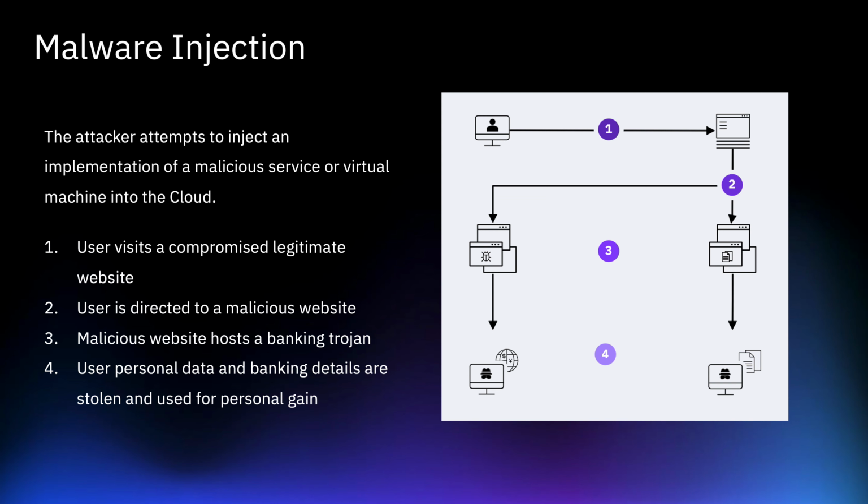It could be anything. It could be a juicing malware or a Metasploit payload or something like that. And you inject the malware and get users' personal data and banking details, something like that. So this particular situation is what a malware injection is, and a cloud-hosted environment is very prone to this kind of attack.